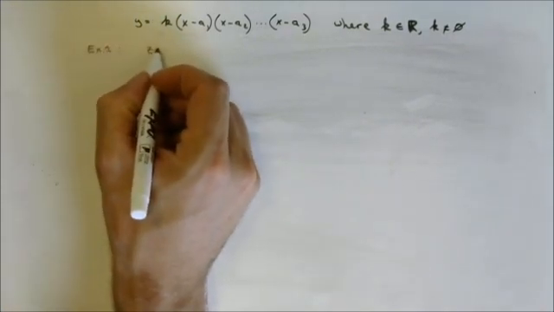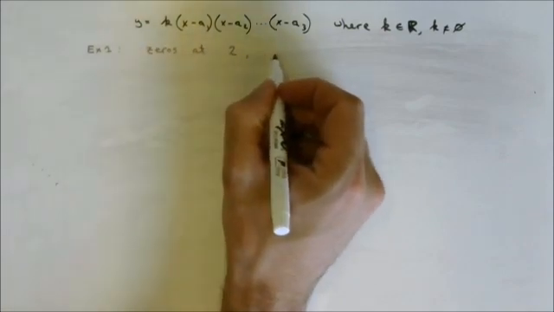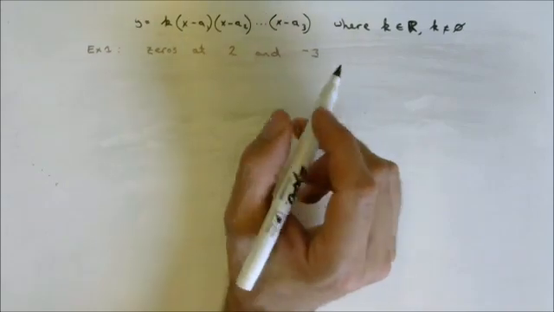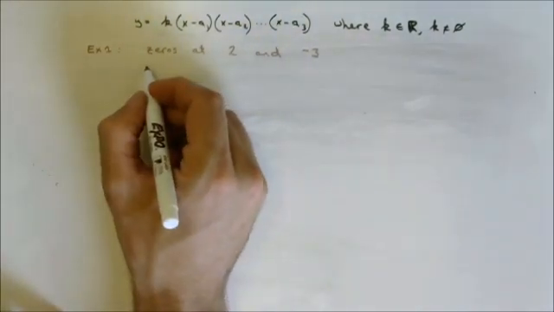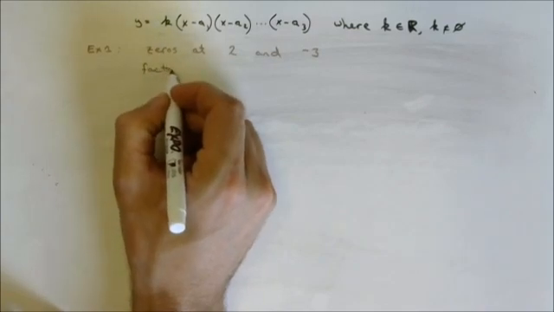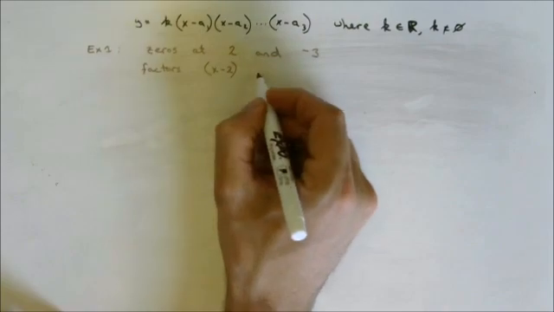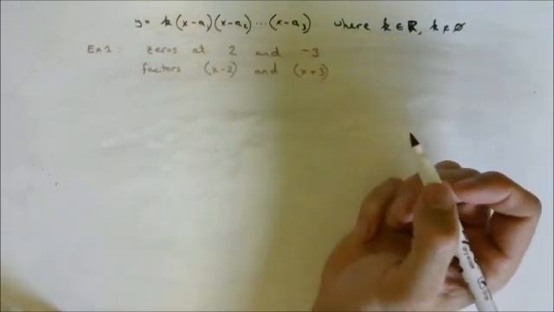So from that, we can determine what the factors are. If those are the zeros, then our factors are x minus 2 and x plus 3, okay?